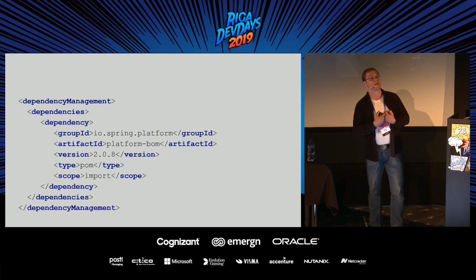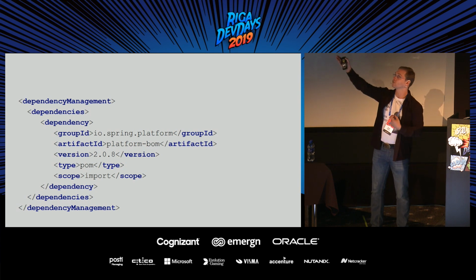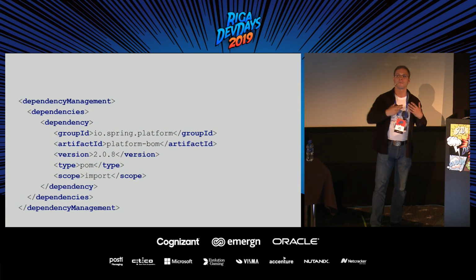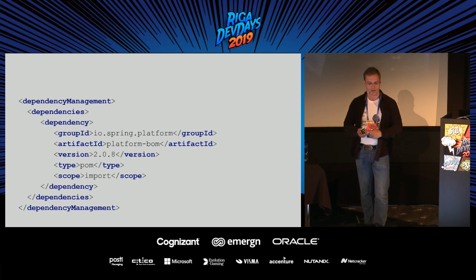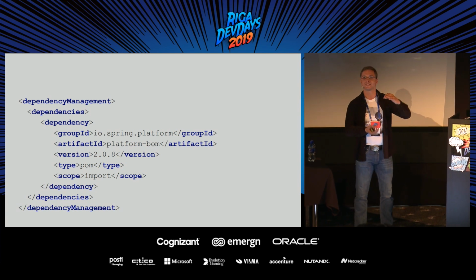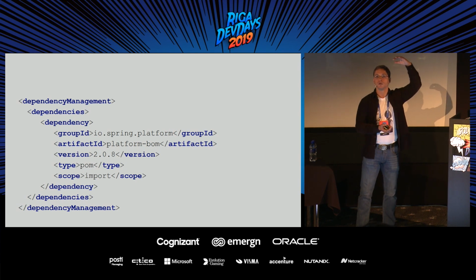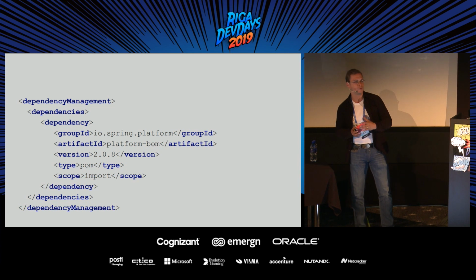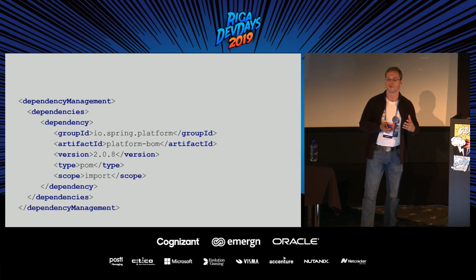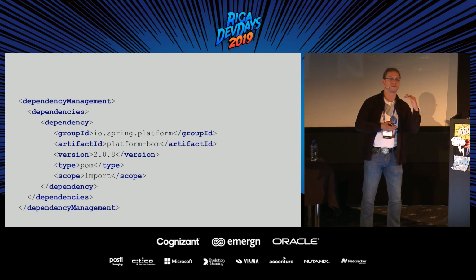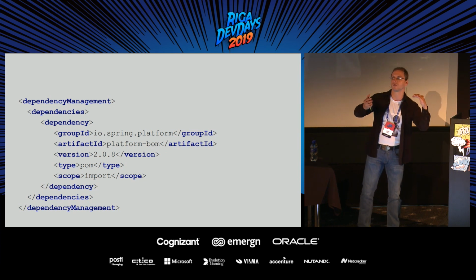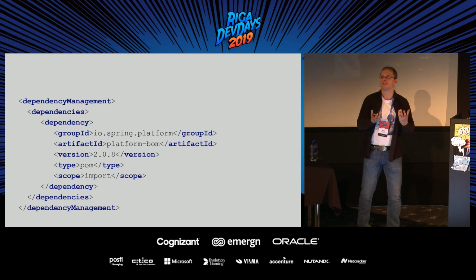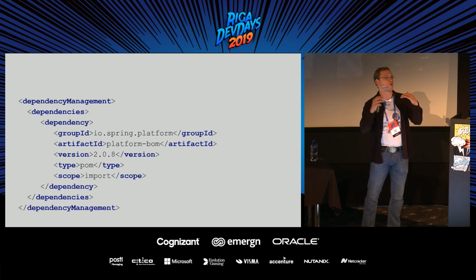But in your block of dependency management, you can import the BOM of some company, and big companies like Spring, like Amazon, used to create such BOMs in order to solve all the conflicts of versions. Because if you want to switch to newer versions, you usually receive a conflict because the latest version of SQS of Amazon is not working with some other Amazon stuff, and you don't really know which versions will work correctly together.